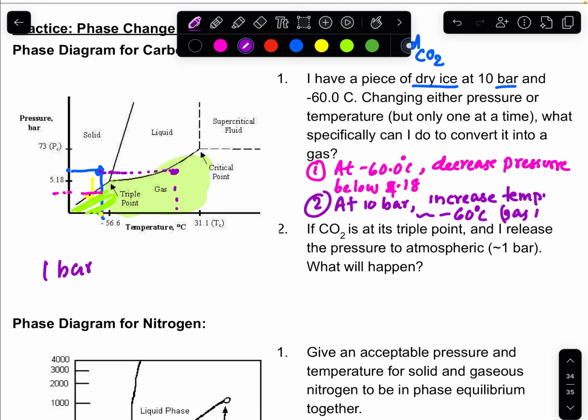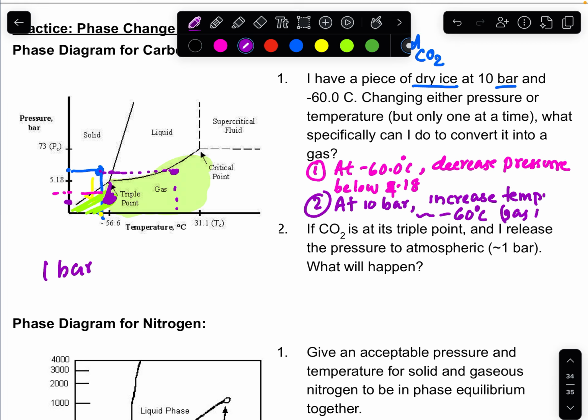So let's see, this is 5, maybe here, right? At 1 bar pressure, triple point, pressure is reduced to 1 bar. That means it's going somewhere here.